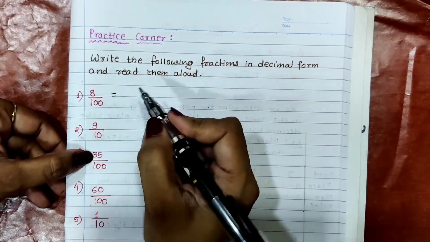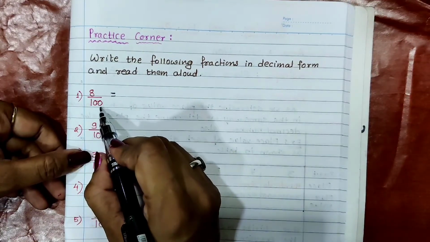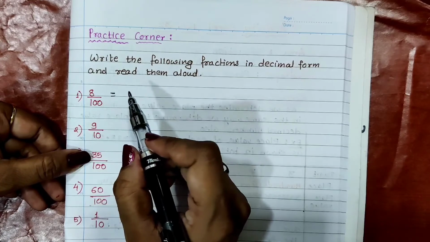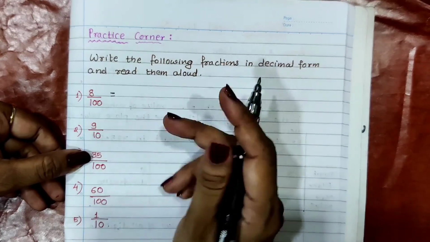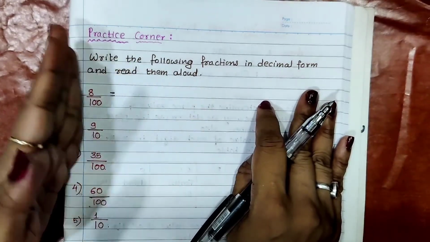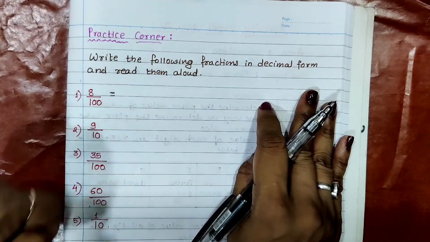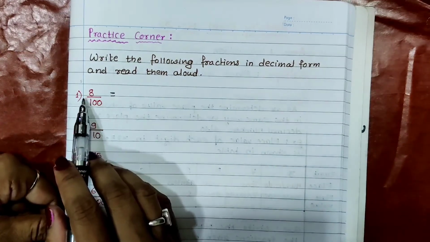So after decimal point there should be 2 digits. Okay. When 2 zeros are there in the denominator, we have to write 2 digits after decimal point on the right hand side. What should be written on the left hand side? On the left hand side of point, there should be the integers. But here integer is not there.